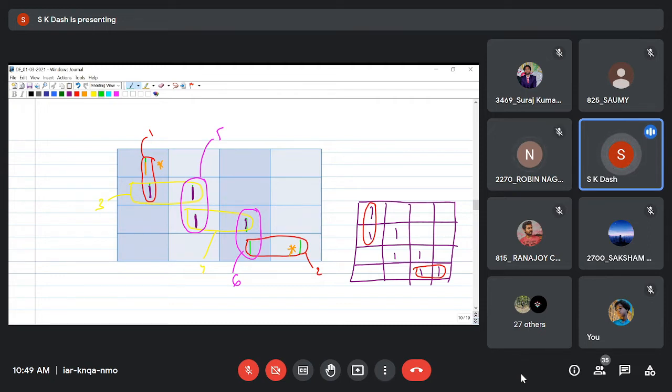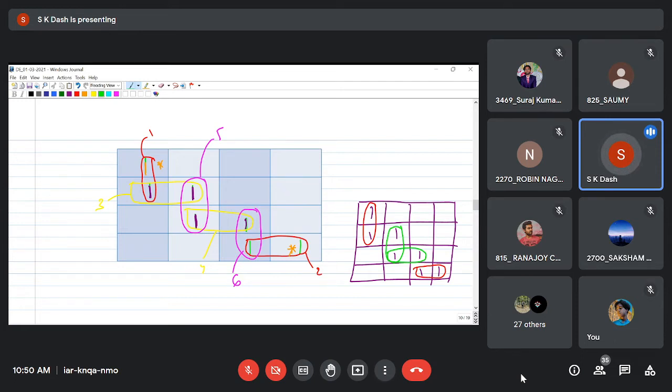Suppose someone can go for this one and this one. It is up to them. So it can be one answer. Or maybe someone can go for this. This can be a possibility. So multiple ways are possible, but anyway, you need to go for 2 pairs.